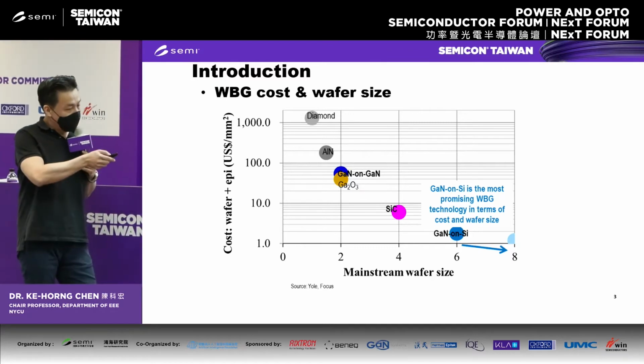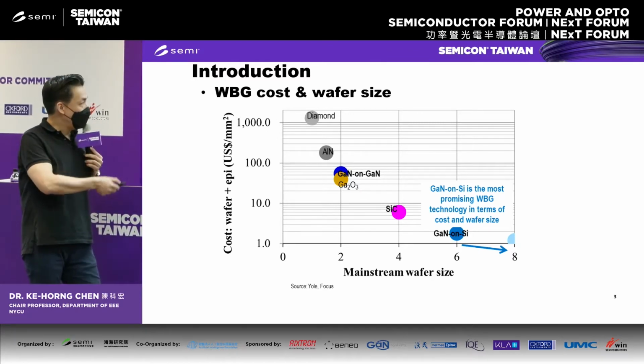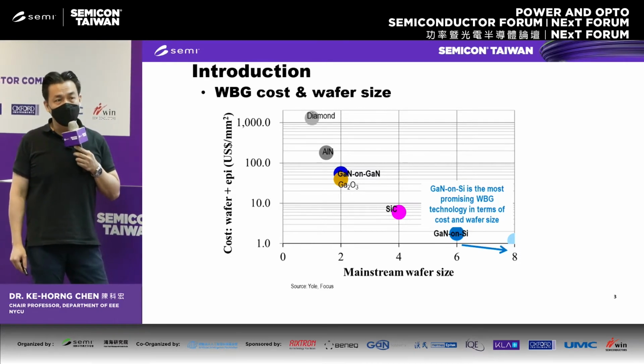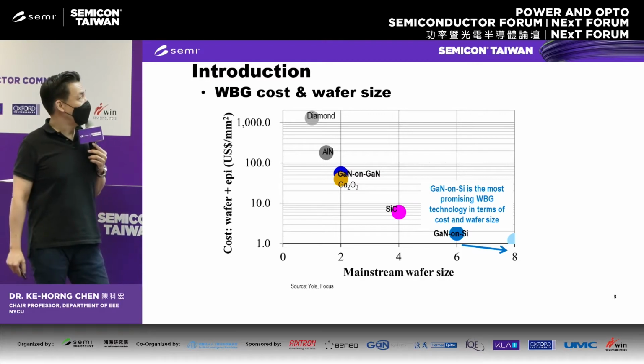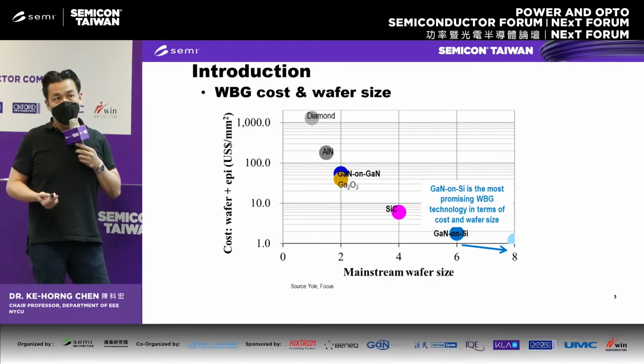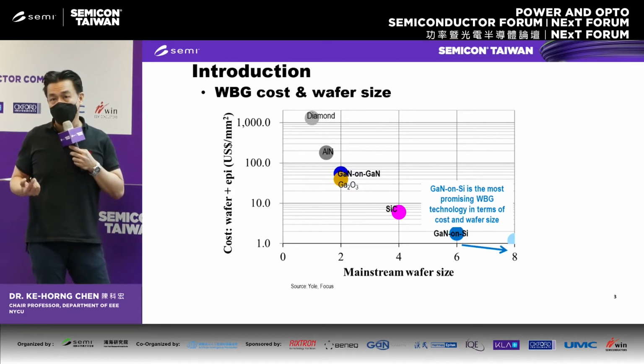Furthermore, for the GaN on silicon carbide, maybe in 2024, you can get the GaN on silicon carbide process. It means that we can have a reliable process to implement our chip.